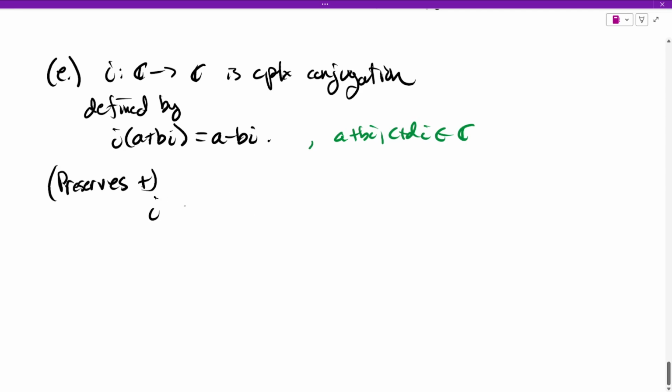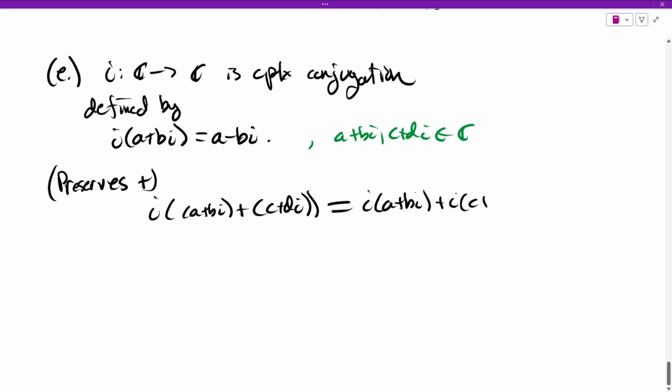And so we need to look at iota of a plus bi plus c plus di, and we're going to have to compare that with iota of a plus bi plus iota of c plus di. And again, we don't know if this is true, so let's put a cautionary orange question mark on it.